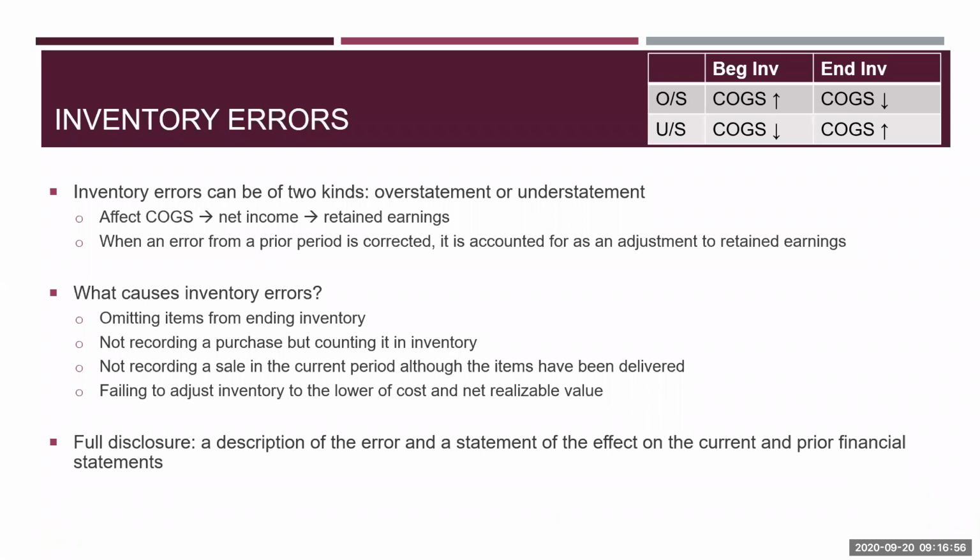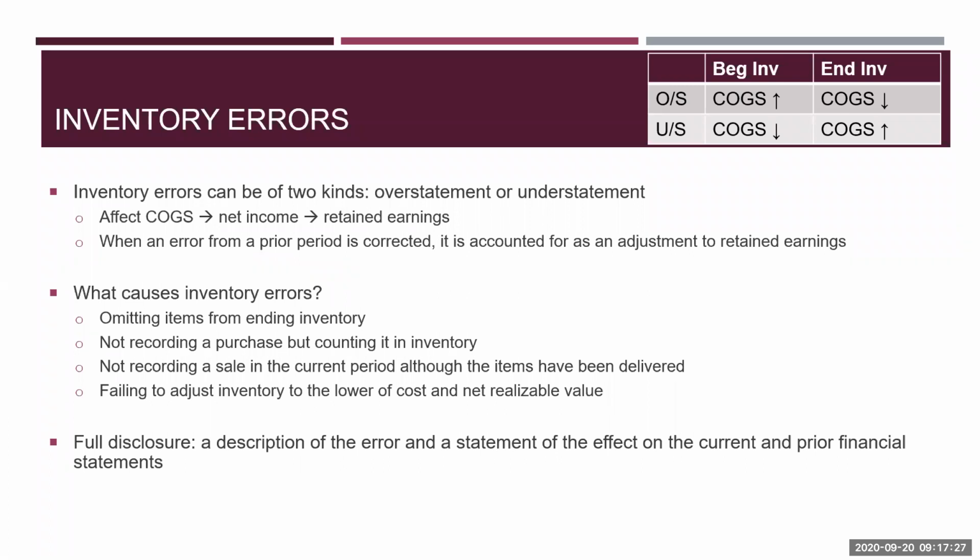So your inventory movement affects your income statement through the cost of goods sold account, and your ending inventory on your current assets, which sits on your balance sheet or SFP. So if there are any inventory errors, they are going to affect your income statement as well as your balance sheet.